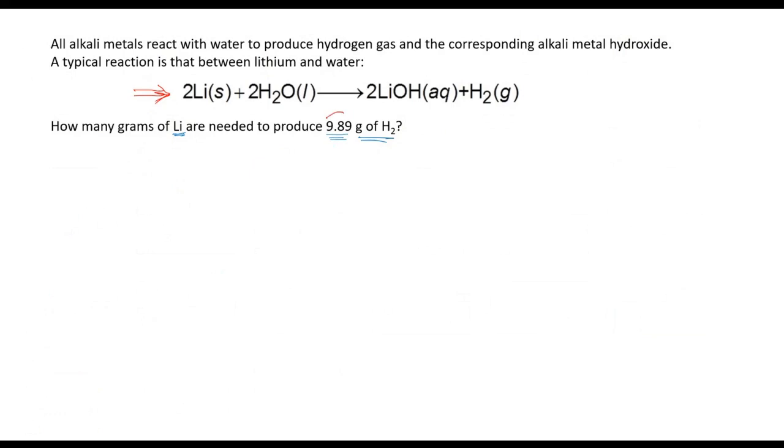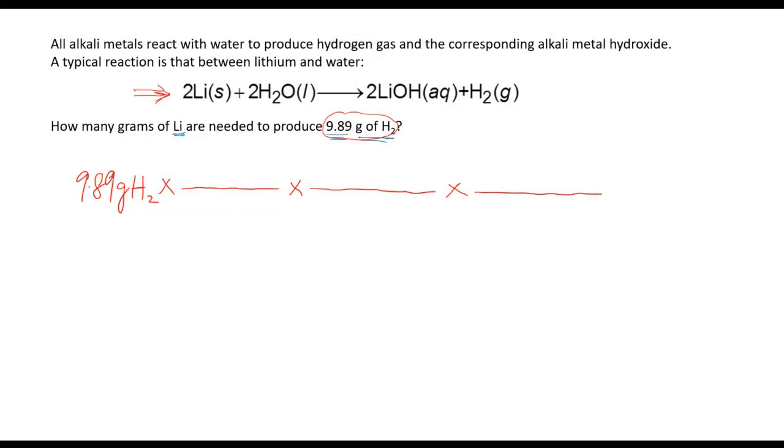What is given? 9.89 gram of hydrogen. So you will write 9.89 gram of hydrogen. Multiply, divide. Step number 3. Step number 4, mole ratio method. Step number 5, change mole to gram.